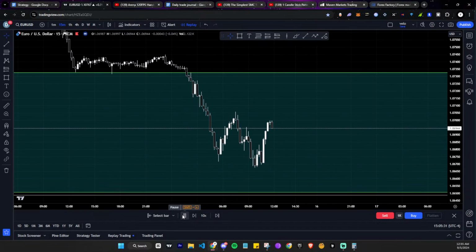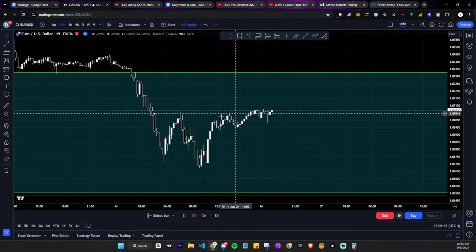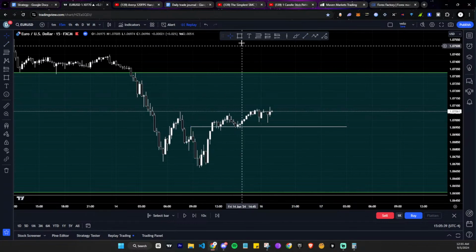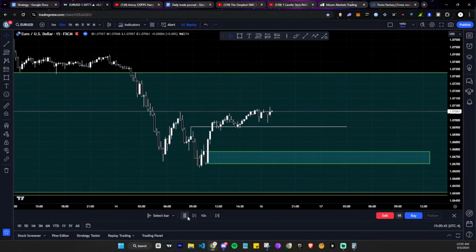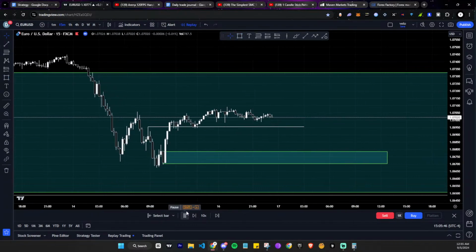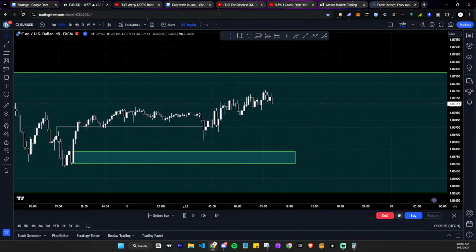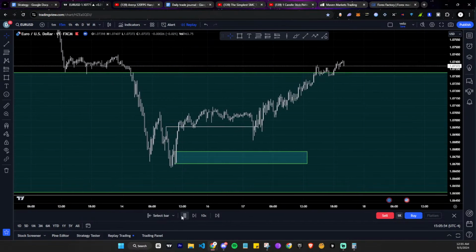So we see this high. Okay, we see this high over here. So let's see if we can entry from here. Okay, let's see if this... nope. Seems like it retested this fair value gap.